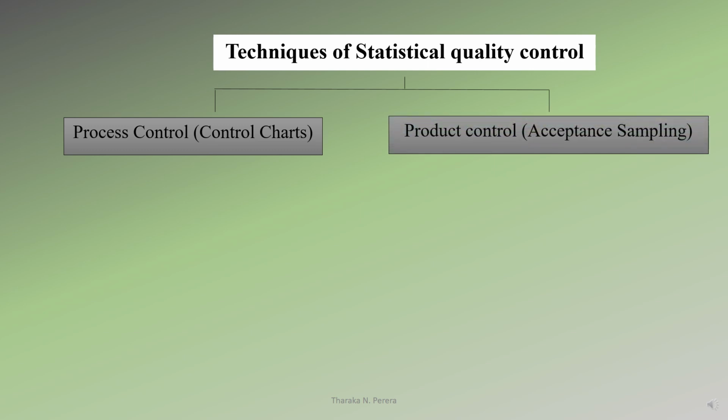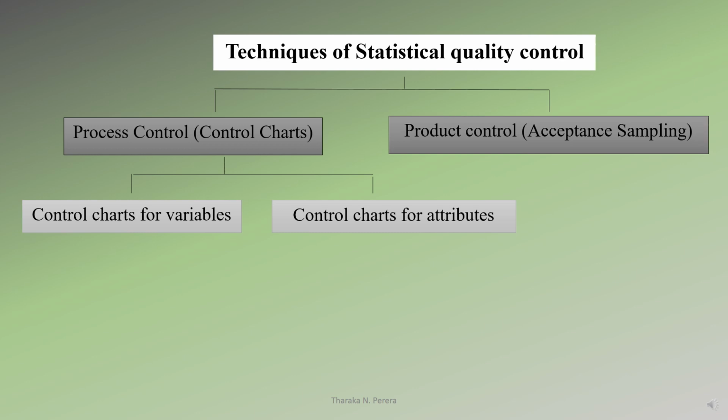We widely use control charts for process control and acceptance sampling for product control. There are mainly two types of control charts: control charts for variables and control charts for attributes. Examples for control charts for variables are X bar chart, R chart and S chart.